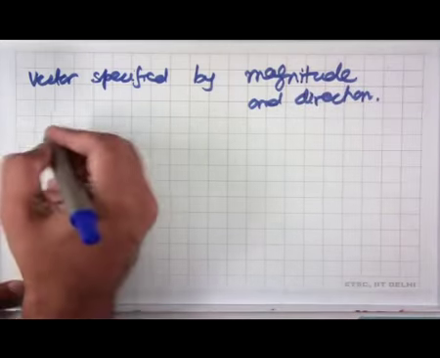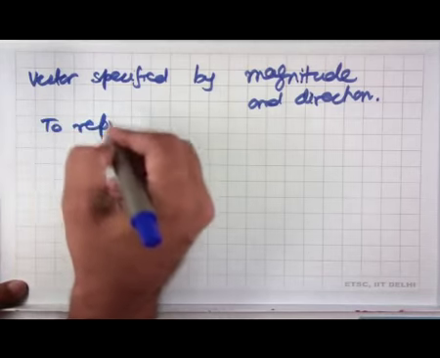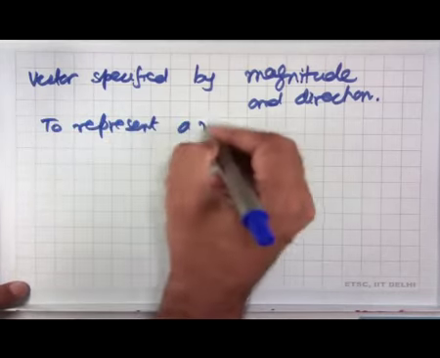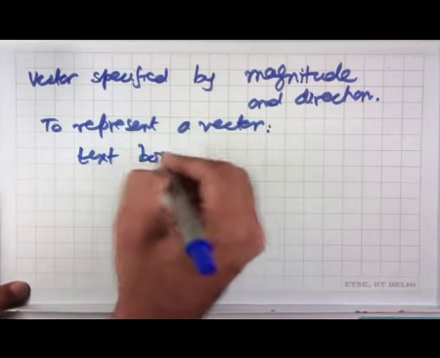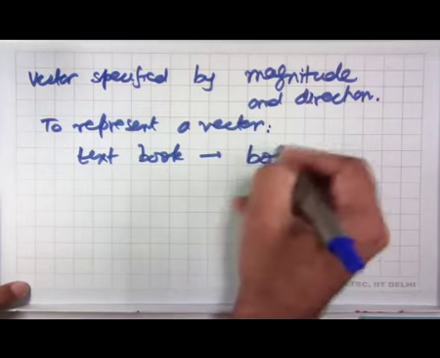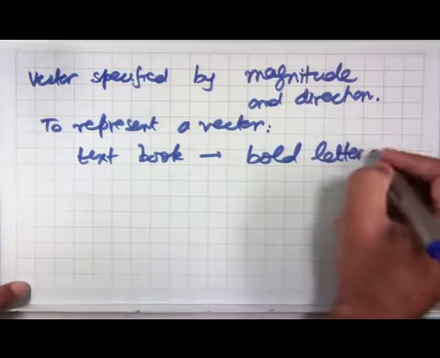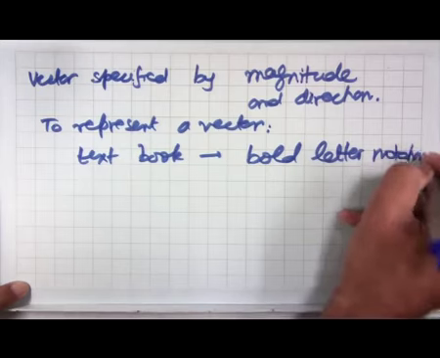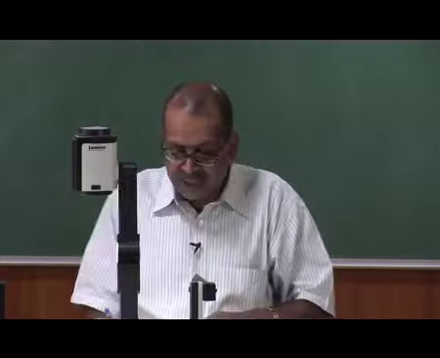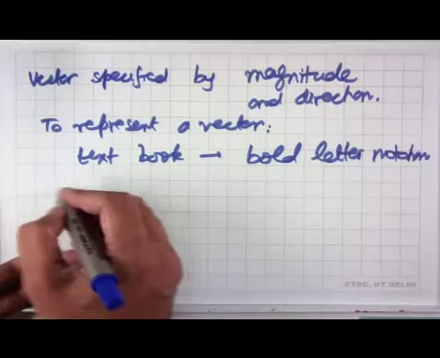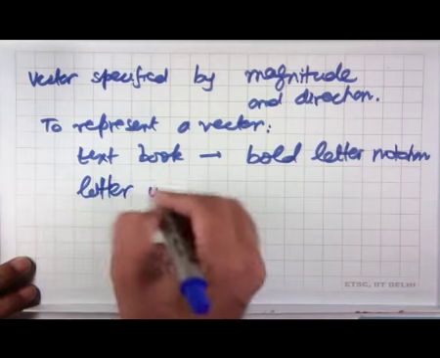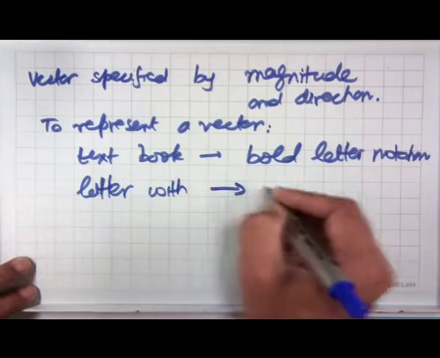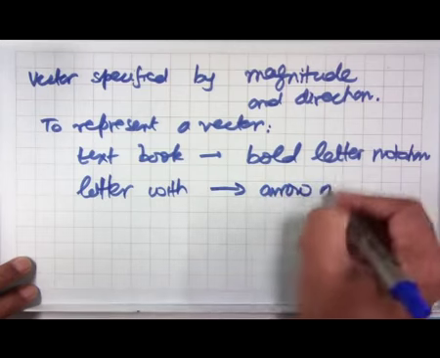Now, to represent a vector, in a textbook normally you will use a bold letter notation. So, in printed text you will find a vector being denoted by a bold letter notation, but when we write it then we use a letter with an arrow on top.